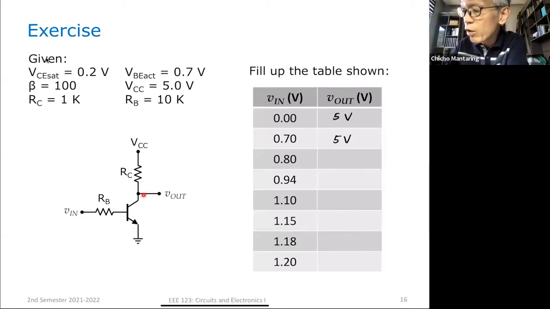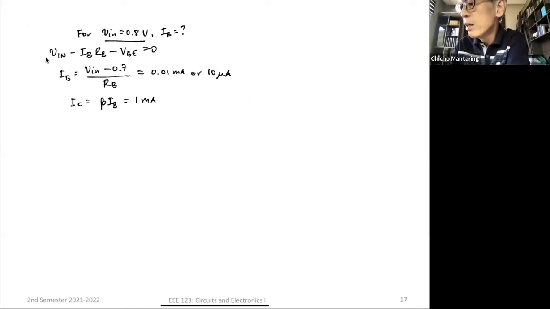So VCE or Vout is VCC minus IC RC. VCC is 5 volts, IC is 1 mA, RC is 1K. What is 1 mA times 1K? This is just 1 volt. So Vout is just 4 volts.